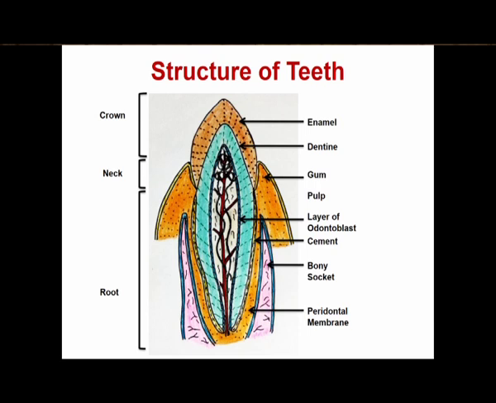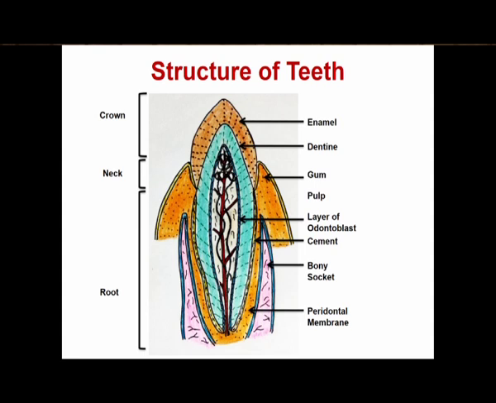The middle portion is tightened by the gum, and then comes the top portion, that is called the crown, and the crown contains a white colored hard material, and that is called enamel. The major component making the tooth is called dentine.